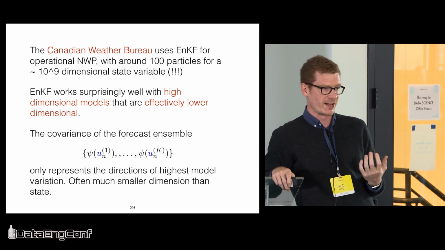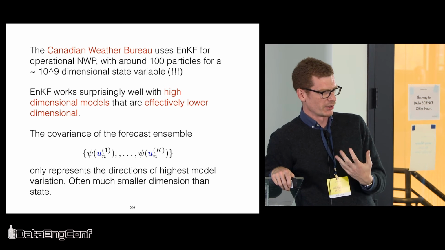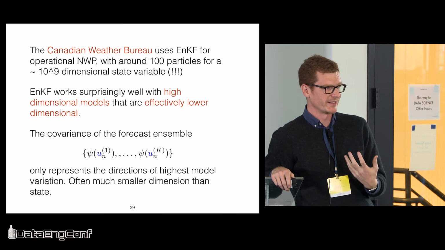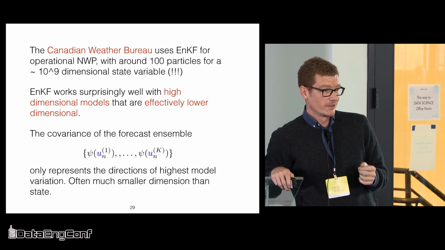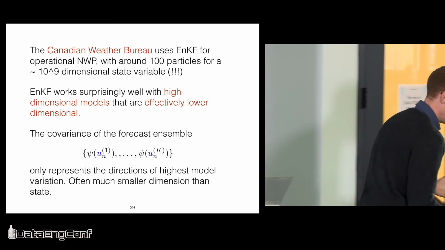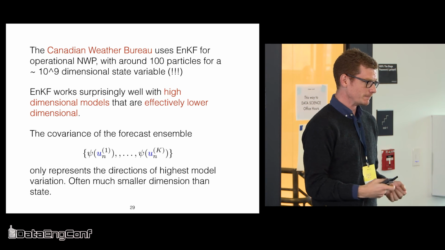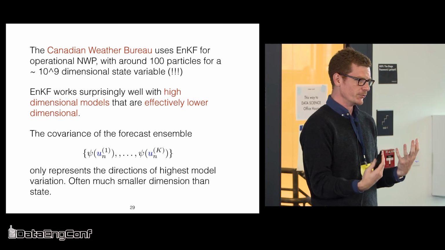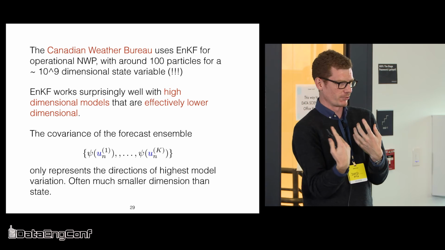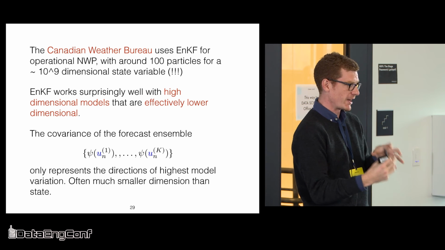The intuition you should have is that a lot of these models are not as high dimensional as they seem. An example of that: the Navier-Stokes equations, an infinite dimensional PDE. You can actually prove that just like the Lorenz equation, it has a finite dimensional attractor.